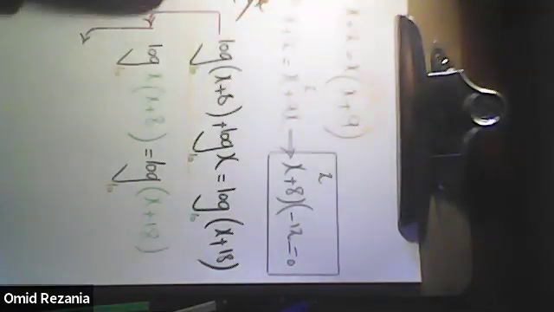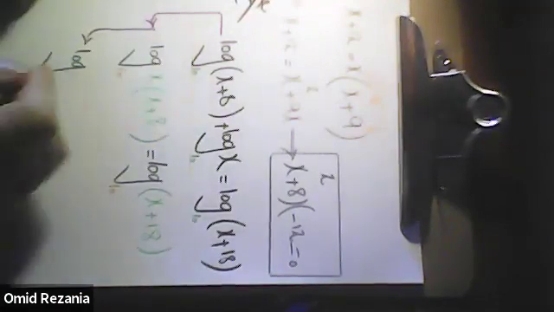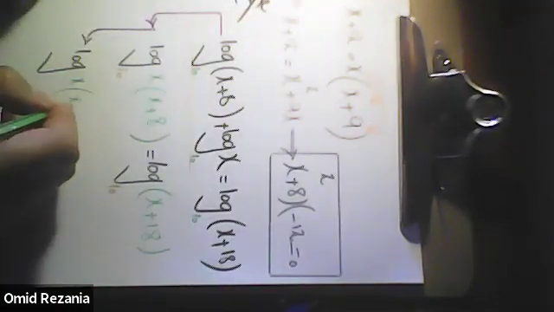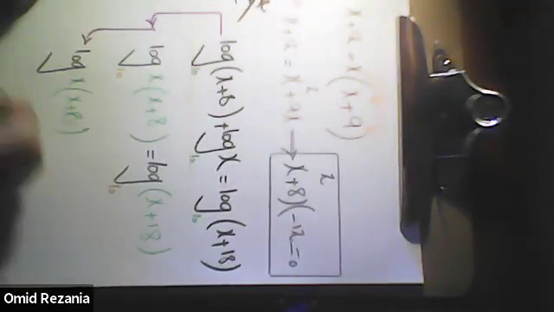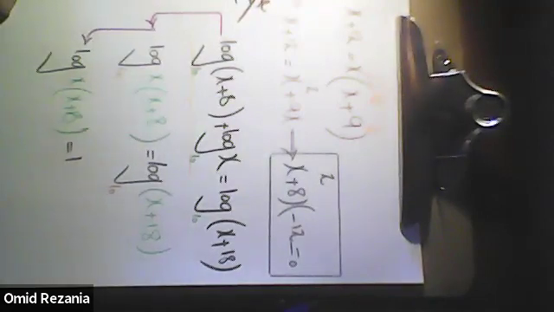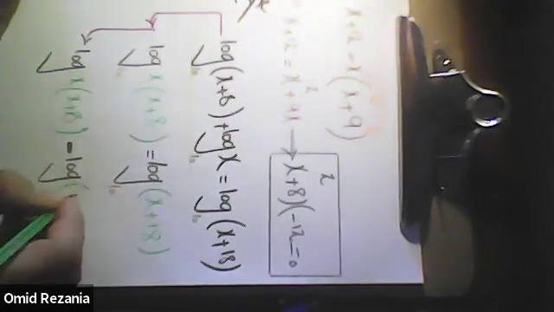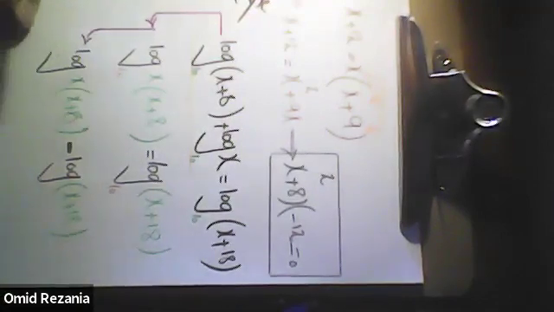Yes? Now, I'm going to use the other method. I'm going to say the log of x times x plus 8 minus log of x plus 18 equals what? 0.